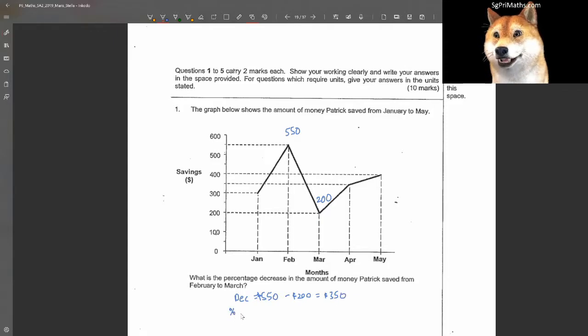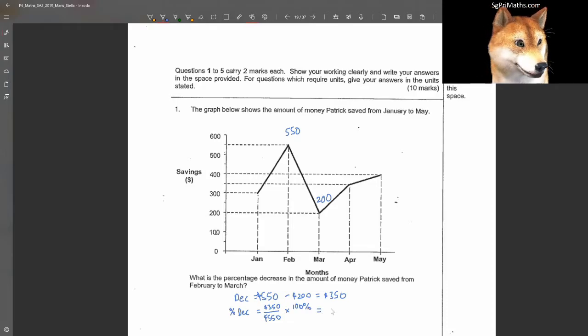Then the percentage decrease equals the decrease itself, which is $350, divided by the previous month, which is February, $550, and then the fraction multiplied by 100%. 350 over 550 times 100 will give you 63.64%. That's it.